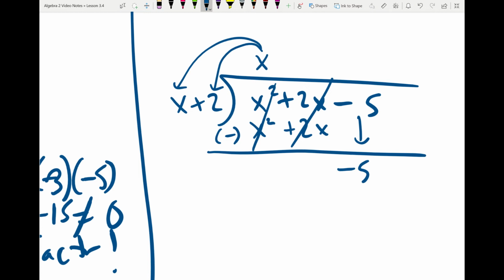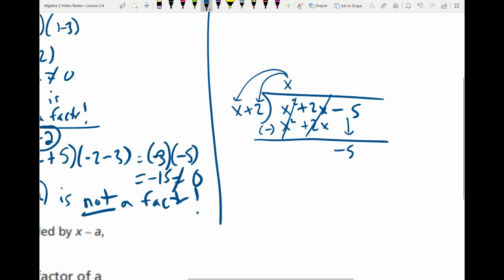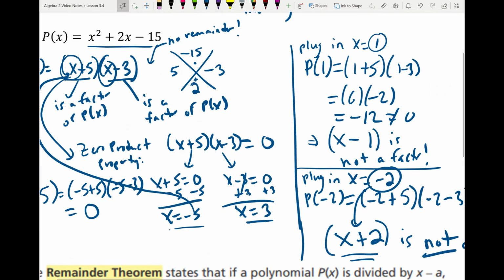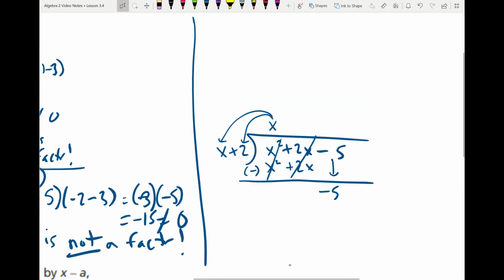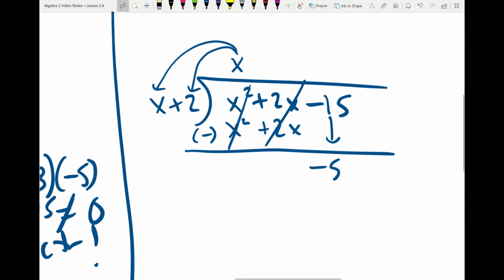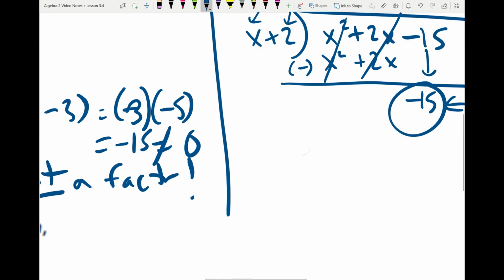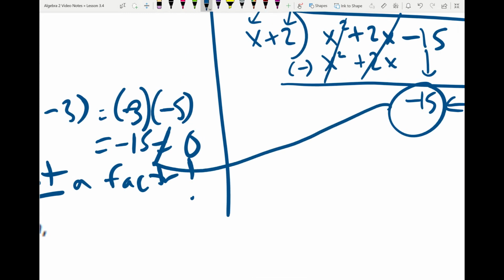All right, well, looks like we have a remainder, right? Let me double check here. Oh, this should be a 15. I apologize. So we got minus 15. So it looks like we have a remainder. All right, well, what does that remainder look like? That remainder looks exactly like what we got when we plugged in.